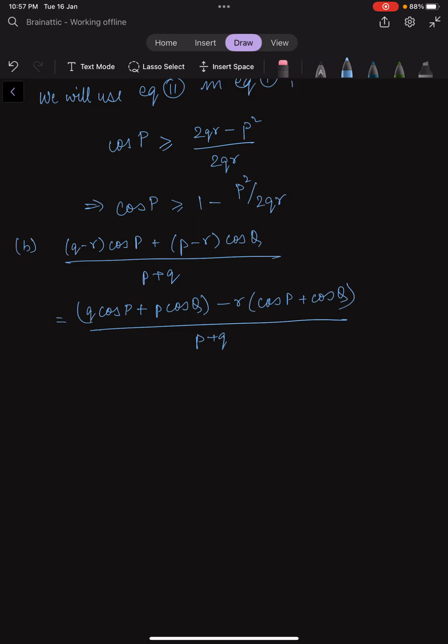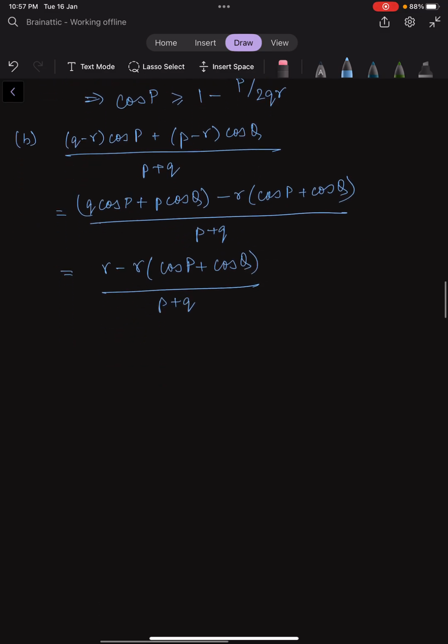Now we already know that this term is equal to r. So we'll substitute r minus r cos P plus cos Q whole divided by p plus q. Now opening the bracket, we'll have r minus r cos P minus r cos Q whole divided by p plus q.